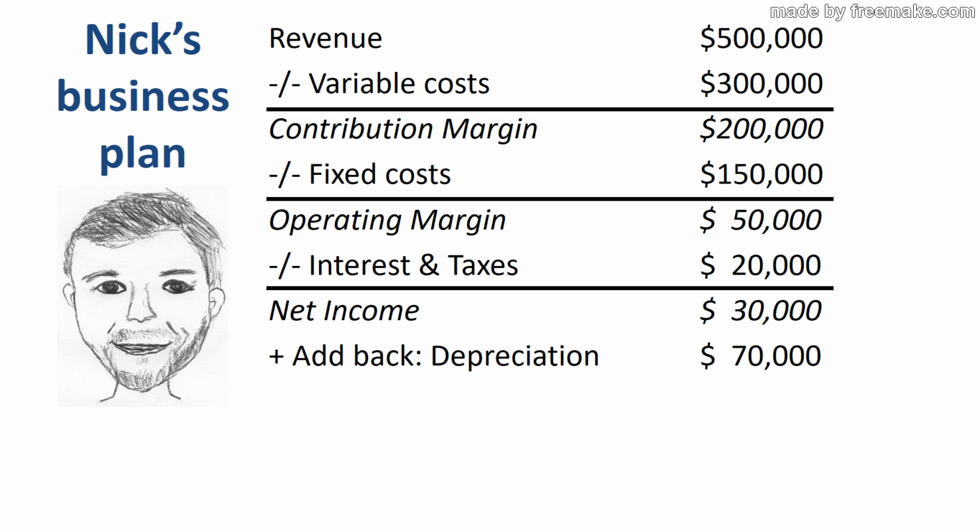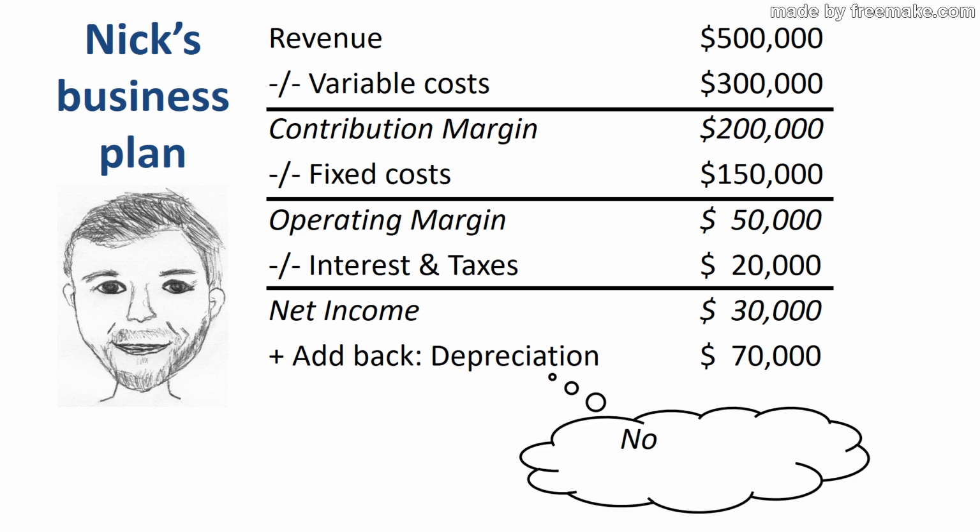Depreciation is just spreading that investment amount over the years, accounting for the use of the production equipment as an expense. In Nick's example, the fixed costs that we deducted in order to calculate the estimated profit included $70,000 of depreciation.